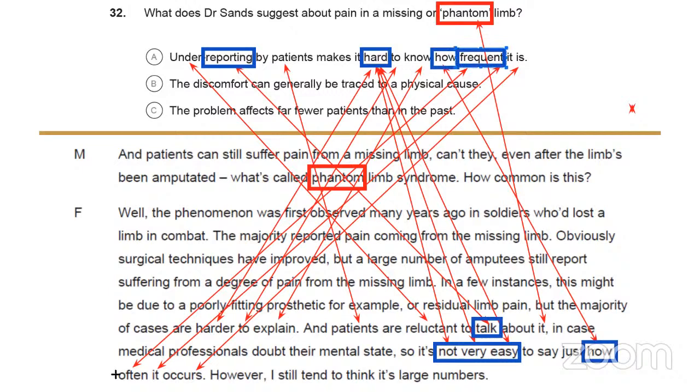Adverbs of frequency, I taught you yesterday. Often. It occurs. Explain.